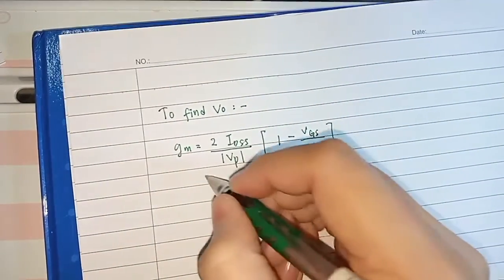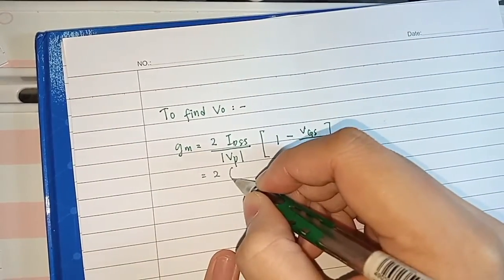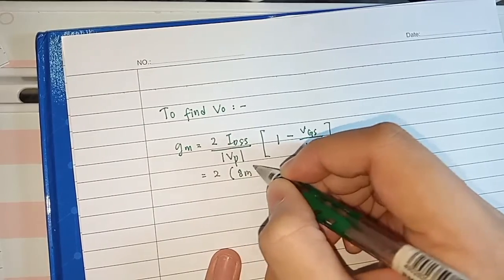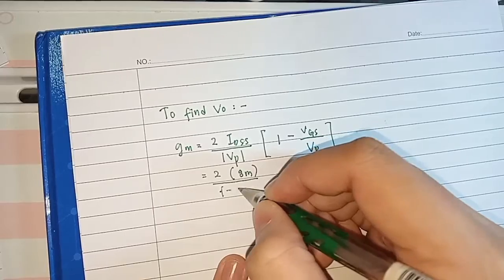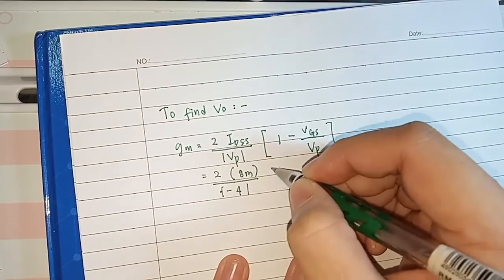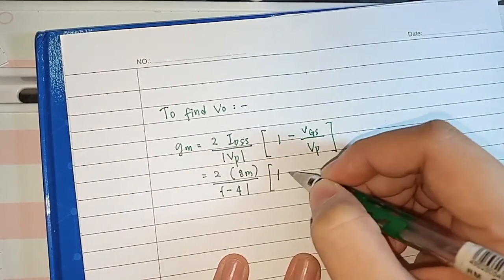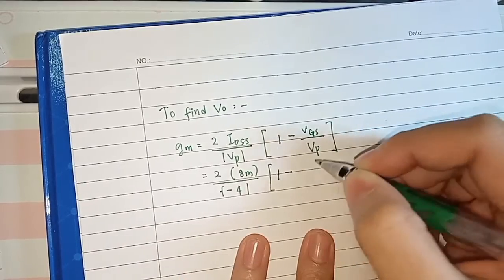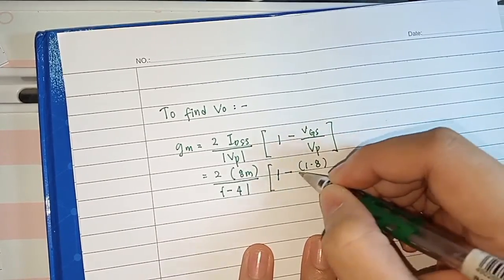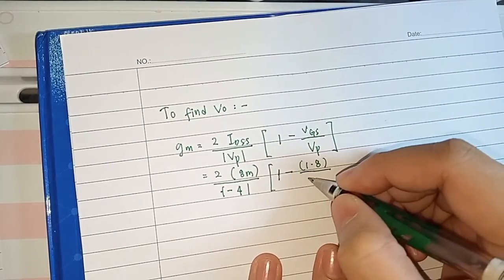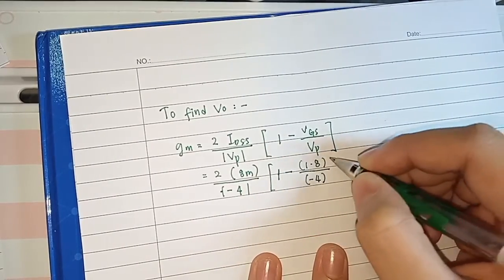Here IDSS is 8 milli, VP in modulus is 4, times 1 minus VGS, which is 1.8, over VP, which is negative 4.